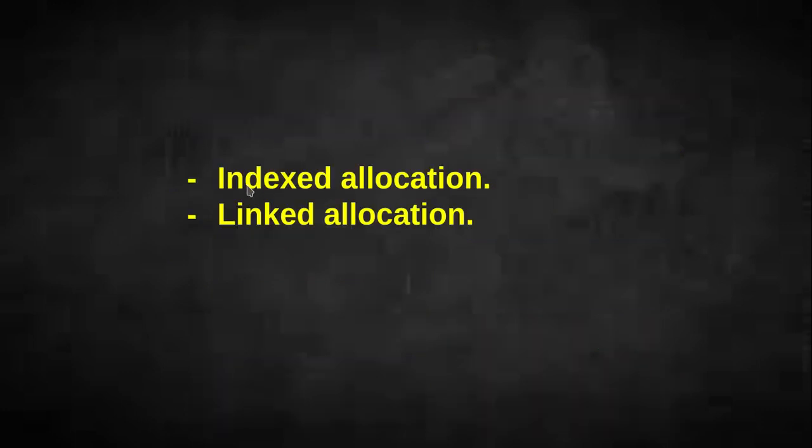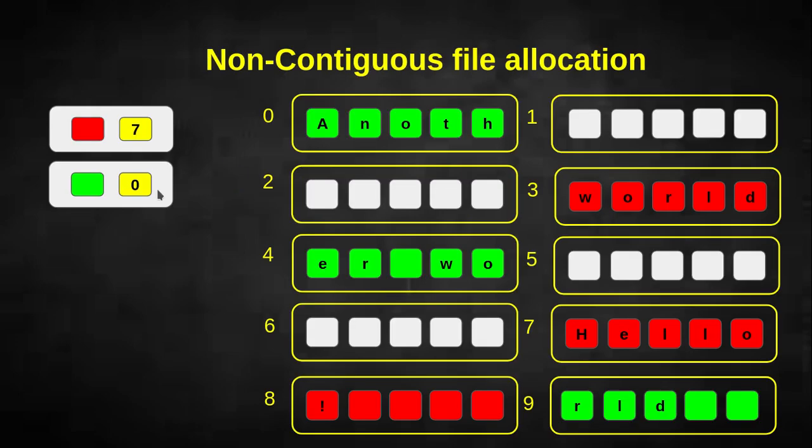The two major techniques are index allocation and linked allocation, and they are implemented differently, but they do the exact same thing. First of all, let's talk about files in general. Whenever you create a file, the only data that gets stored in the file itself is the starting block, and that's all.